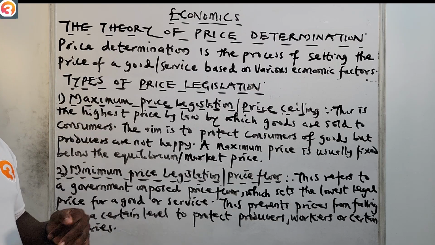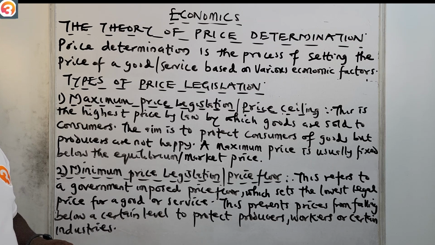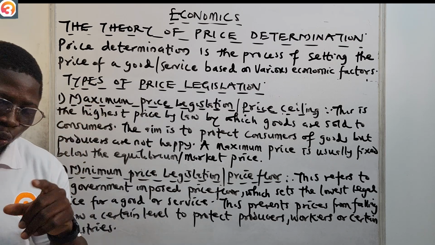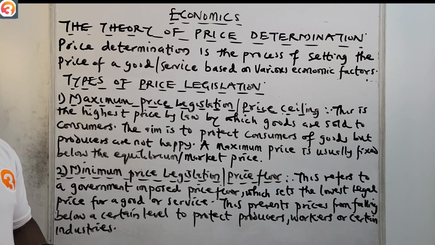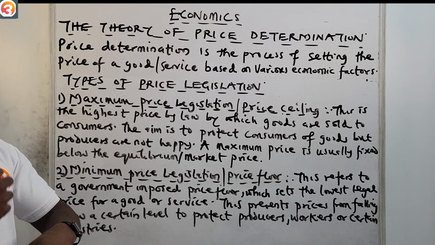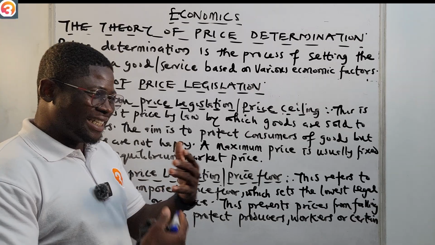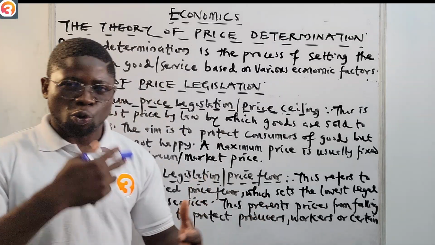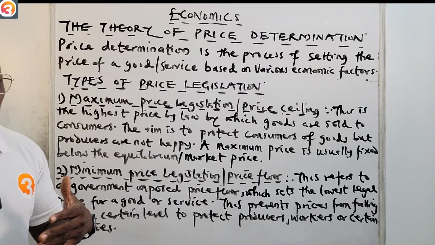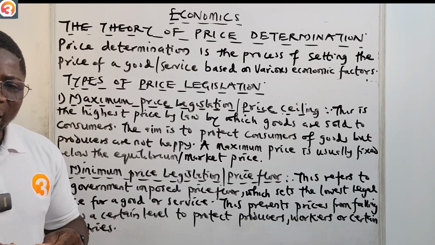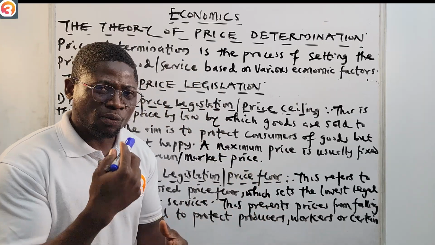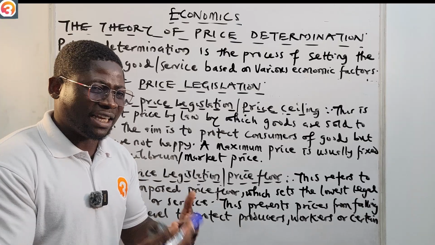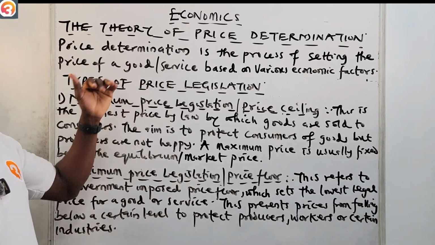The theory of price determination simply says that price determination is the process of setting the price of a good or service based on various economic factors. So we want to get to a particular price for a good or service, and that process is called price determination.